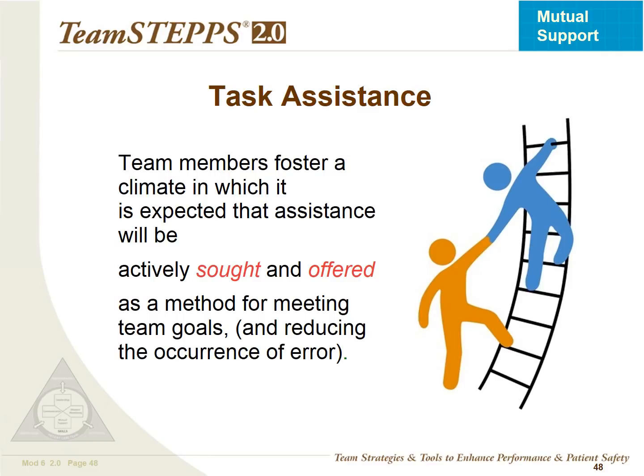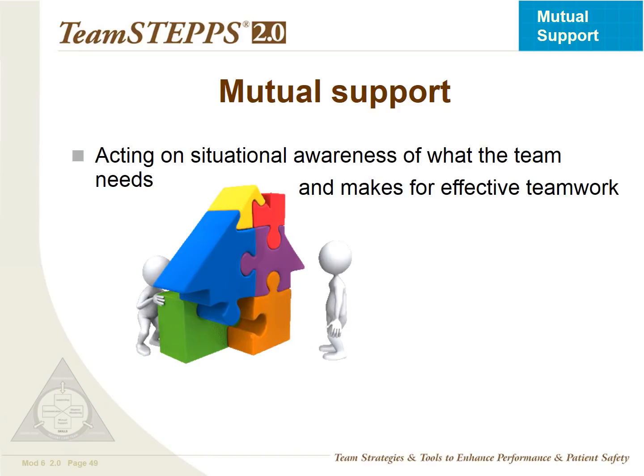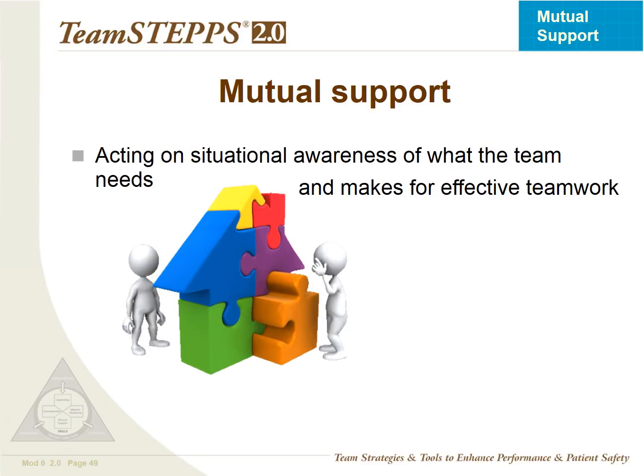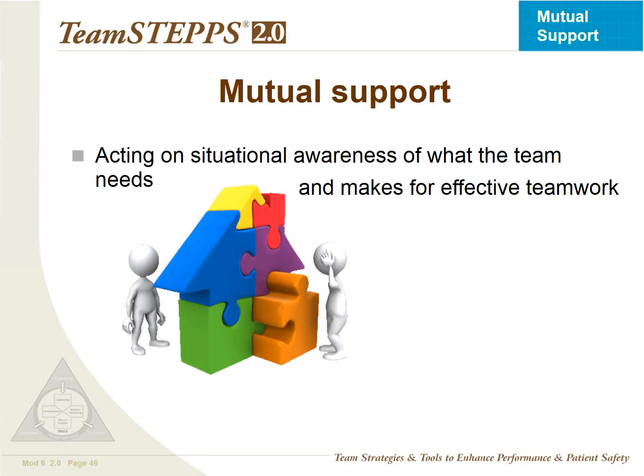Sometimes one member gets overwhelmed with the goals that they have taken on, and so it would be to the benefit of reaching that goal in a timely manner if they were able to speak out and say, I really need help with a certain task that I've taken on, if they know that other members are less heavily involved. So mutual support is acting on situational awareness of what a team needs and makes for effective teamwork.